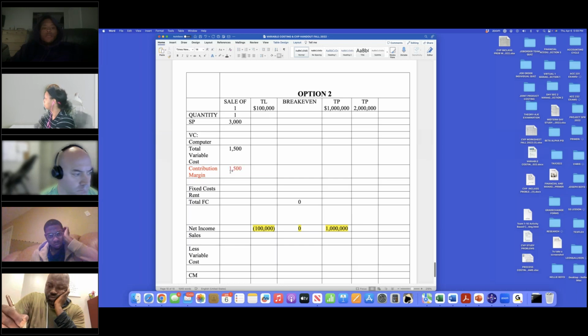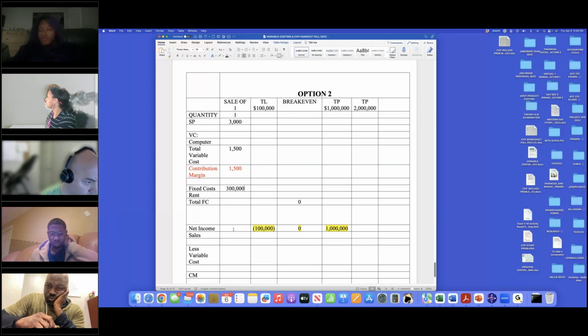Our fixed cost is still going to be what? 300,000. So if we sold one item, what would our net income be? If we had a loss, what would that loss be? 298,500.